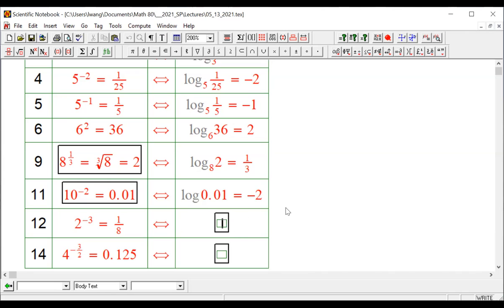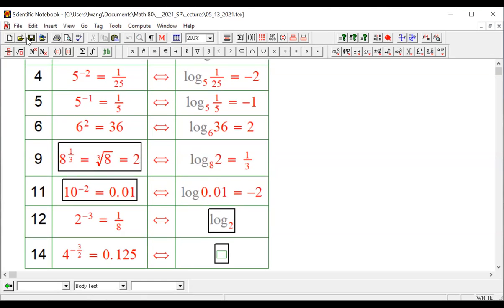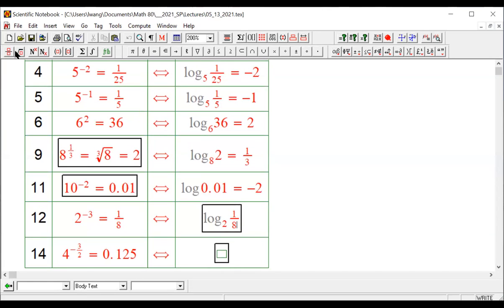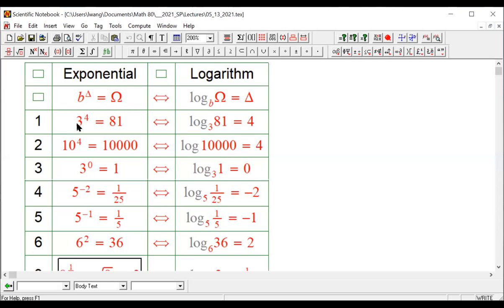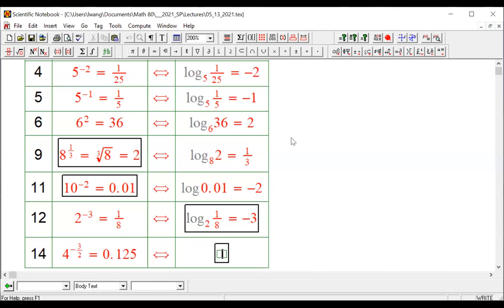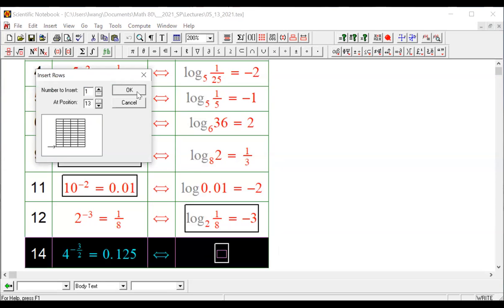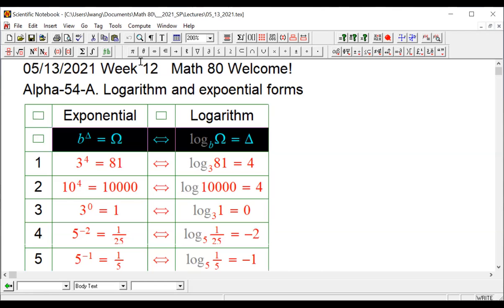Now, the last two. We write them as a logarithm. So you can write it as log base 2 of 1/8 is equal to -3. The last one is a little tricky, but if you just follow the form, I'm going to bring the form closer to us.